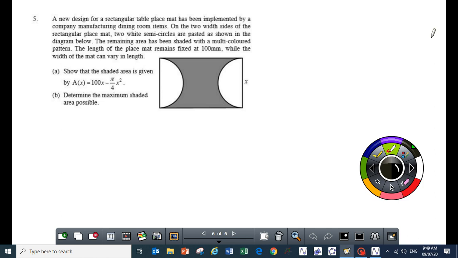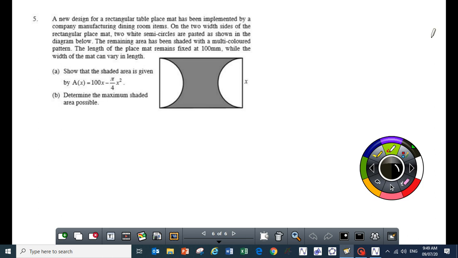All right, so here we have that shape. One part is shaded, then you've got those two semicircles. If you add them, you get a full circle, right? So you can read the question there: show that the shaded area is given by that. Now here, you need to determine the area which is shaded. That's a rectangle.